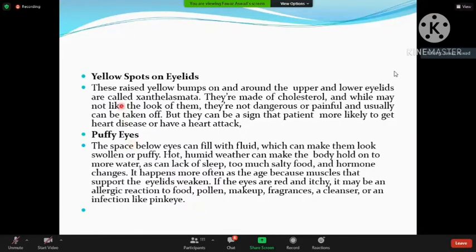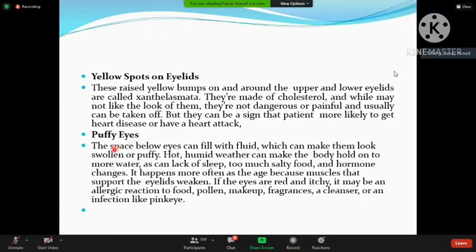Sometimes we could notice, as we will see, different characteristic features of the face. We will take a group, for example, yellow spot on the eyelid. This is xanthelasma also, which is considered to be associated with increased level of cholesterol. And sometimes they are not considered to be dangerous or painful. Sometimes you could demonstrate that the patient may complain from puffy eyes.